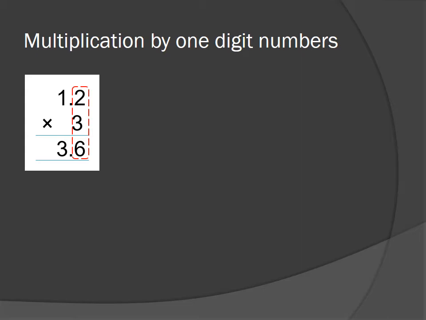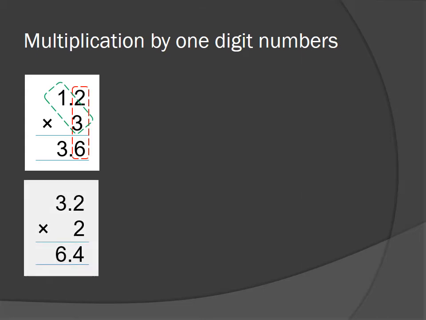Then you can multiply the other two numbers. 1 we want to multiply by 3. 1 times 3 is equal to 3. So the final answer is 3.6.